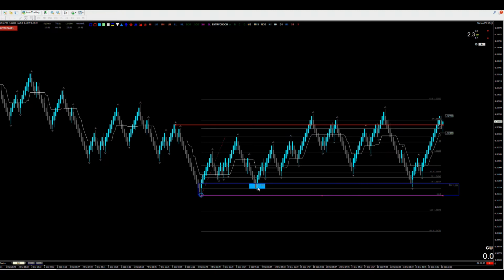So after it has come down this first time here, if you're patient enough, you wait for it to come back down to the second tap, which is what it did, and now we see we're heading back up to the 61.8, 78.